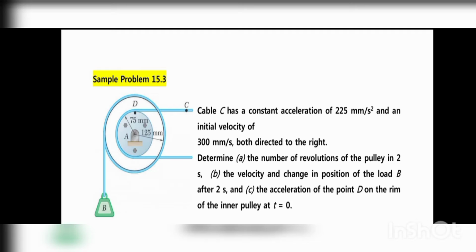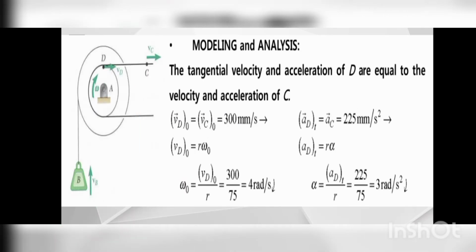So the strategy: due to the action of the cable, the tangential velocity and acceleration of D are equal to the velocity and acceleration of C. Calculate the initial angular velocity and acceleration.